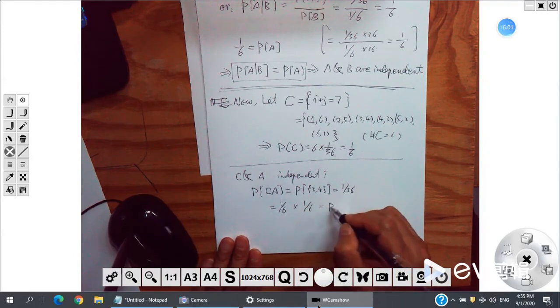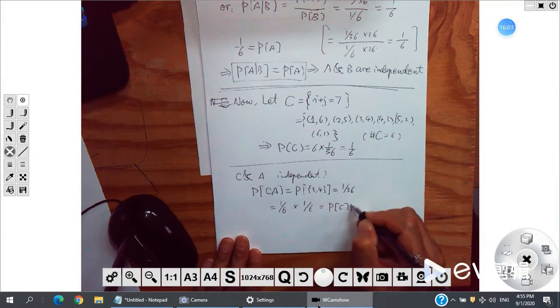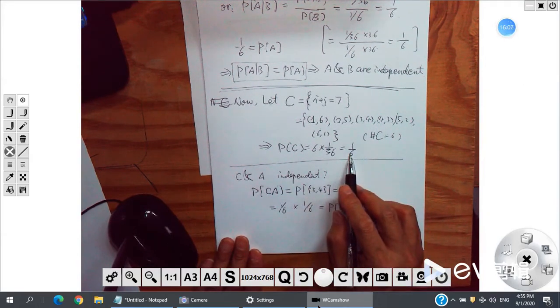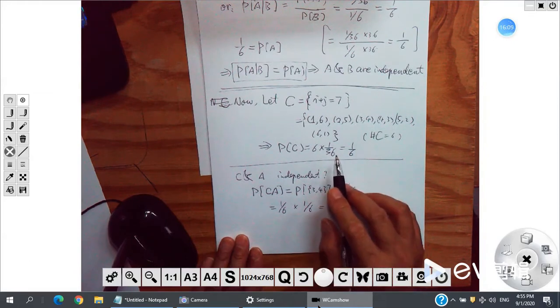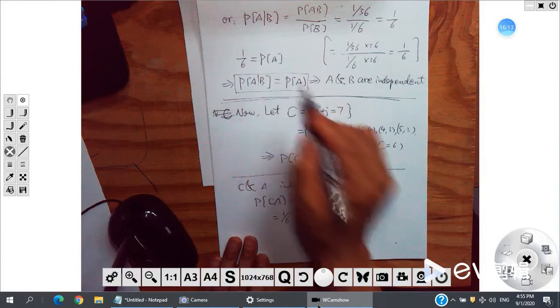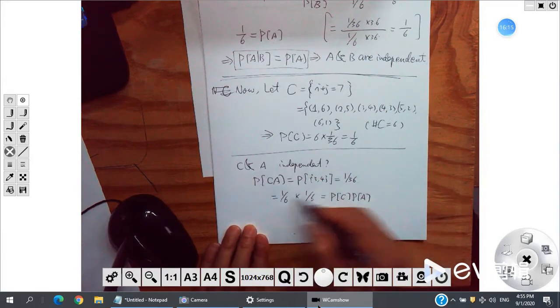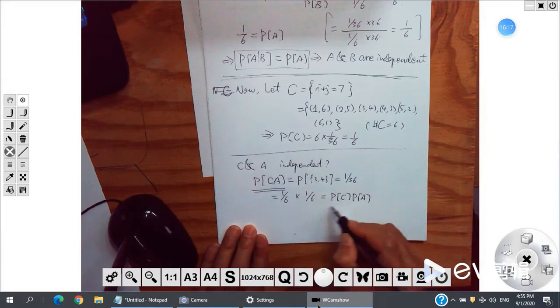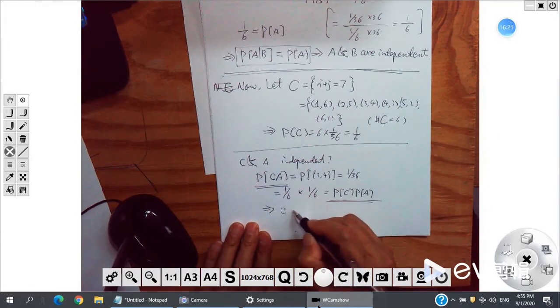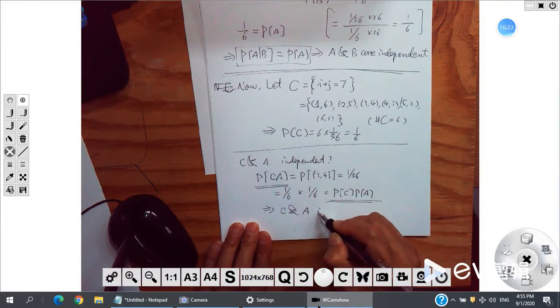It is equal to PC times PA. PC is 1/6, PA is also 1/6. Then we can claim C and A, they are independent.